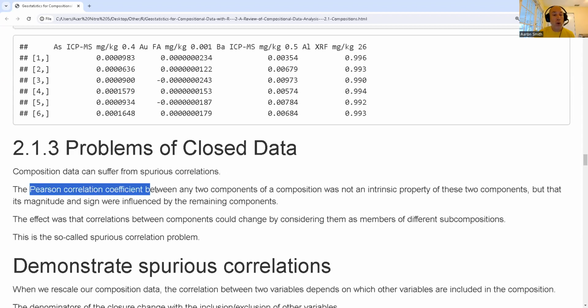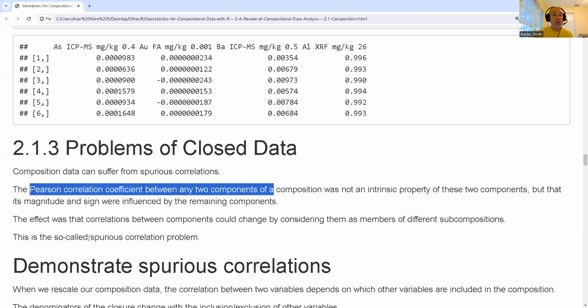So Pearson correlation coefficients between any two components are not really an inherent intrinsic property of those two components. It depends on the other aspects of the data. Which ones are included, which ones are excluded, will change the Pearson correlation between two columns of data. When I'm rescaling, what's included and what's excluded from my composition data in terms of variables will change my Pearson correlation.